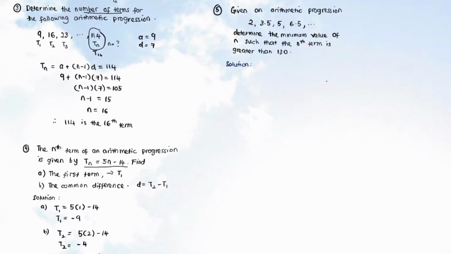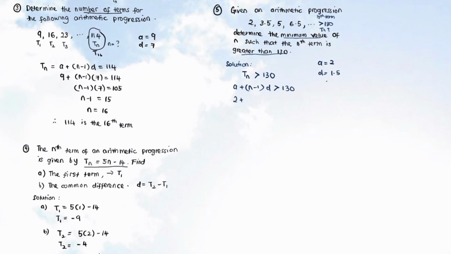Question 5. Given an arithmetic progression 2, 3.5, 5, 6.5, determine the minimum value of n such that the nth term is greater than 130. Actually, the question asks at what term the number becomes greater than 130. Tn more than 130, a plus (n minus 1)d more than 130, so a is equal to 2, d is equal to 1.5.